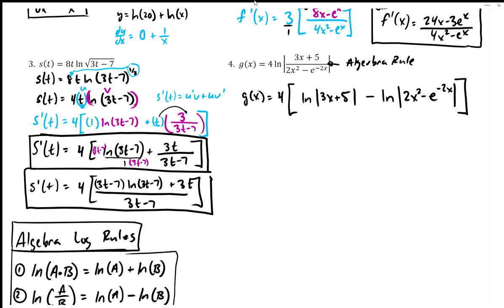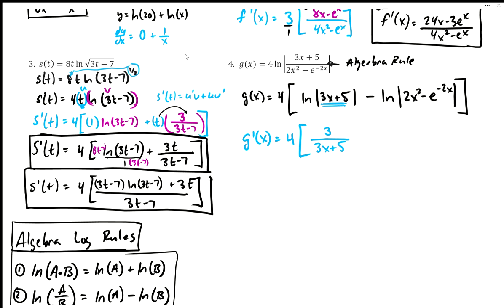And then let's go through it and do our derivative. So it's ready to go now. We've got g prime of x is equal to, okay, so the 4 is just hanging out. And then we're doing the derivative of ln of 3x plus 5. So that's saying, hey, put this instantly in the denominator. And then now look at it and do its derivative, which would be 3, and put it in the numerator.